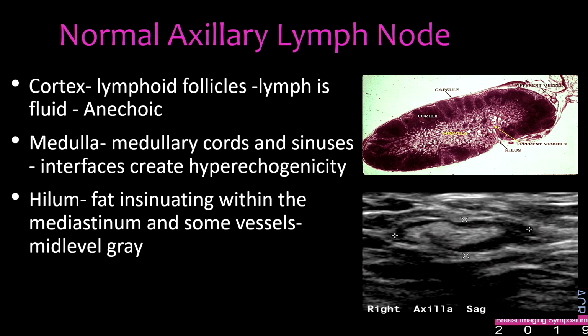Whereas the medulla, which has the medullary cords and the sinuses, is created by the interfaces, and that creates the hyperechogenicity that we see within the hilum of the lymph nodes. The hilum, which is like a mid-level gray, is created by the fat that is insinuating within the mediastinum and the vessels.